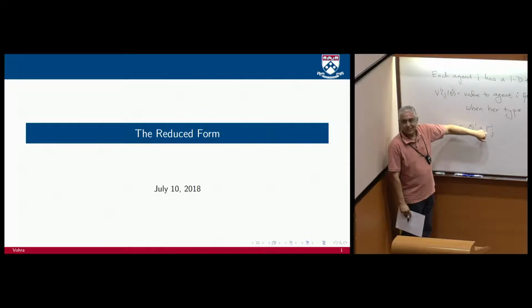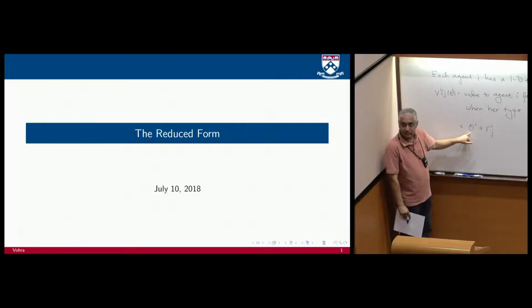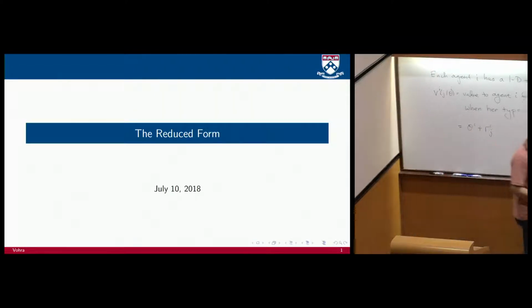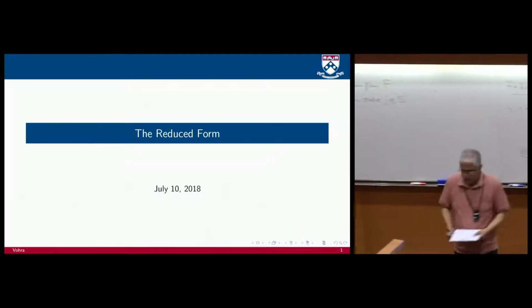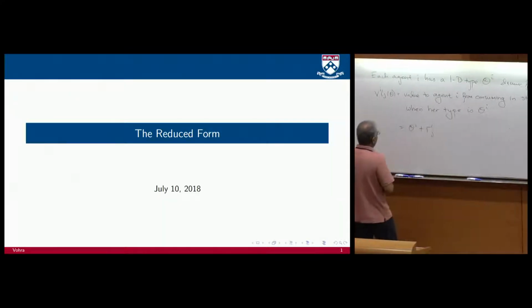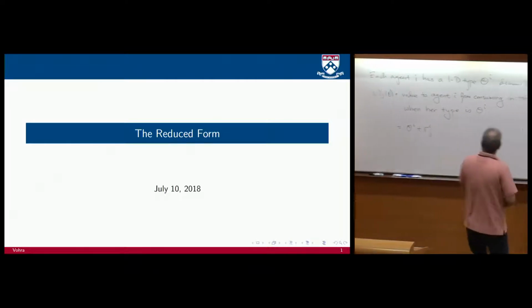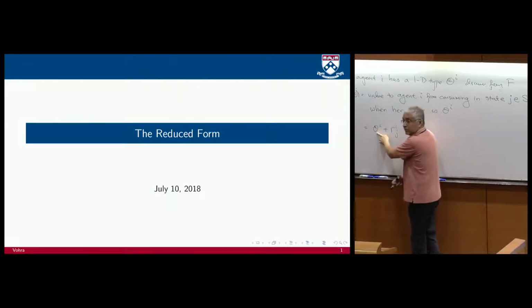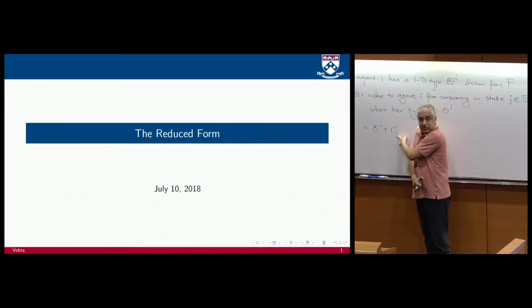And so I won't worry about it for the moment. I'll just focus on this. Okay? So this is private information here. Okay. So the agent can lie about this, but they cannot lie about this.